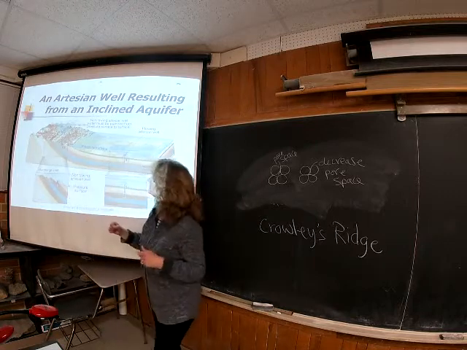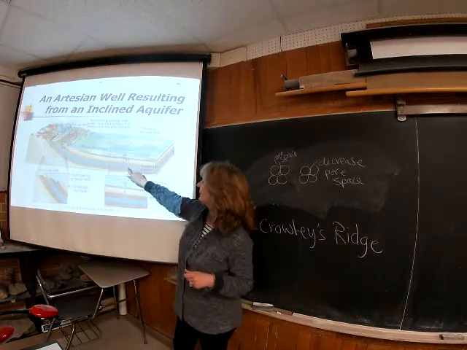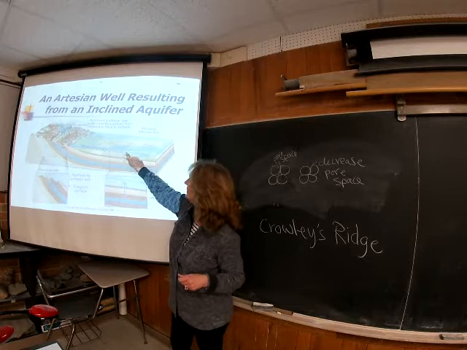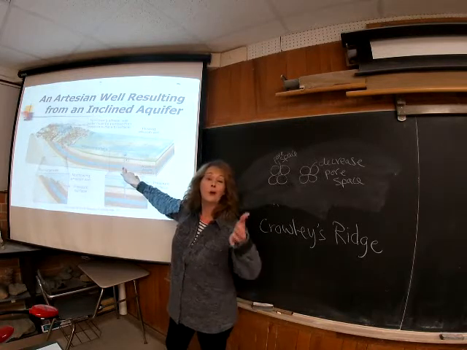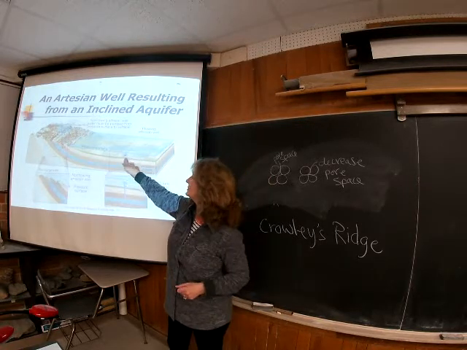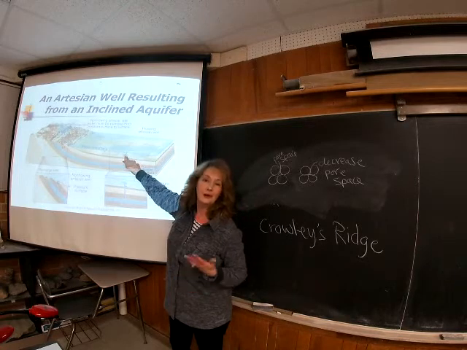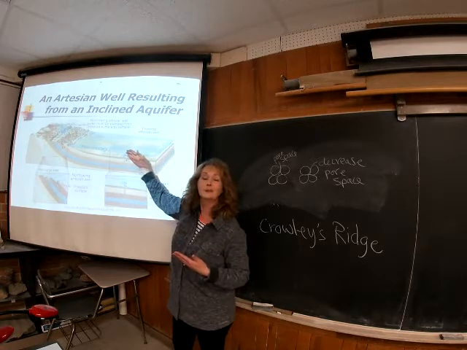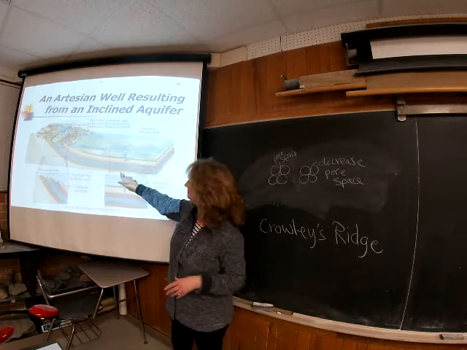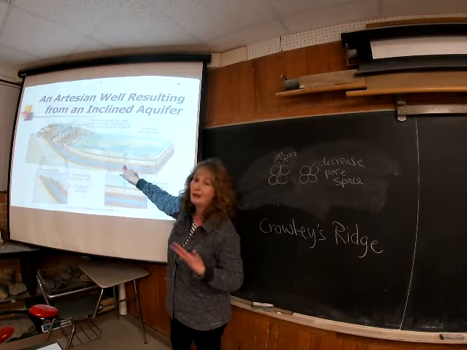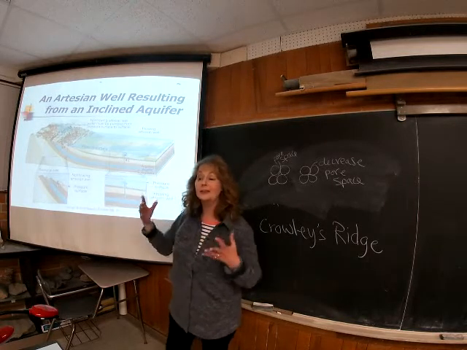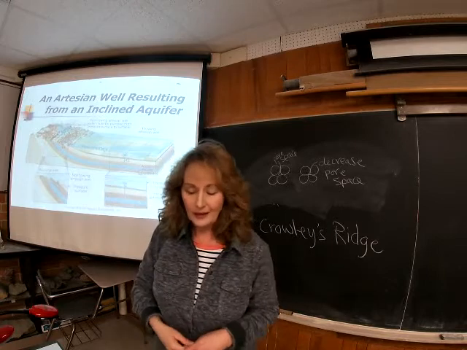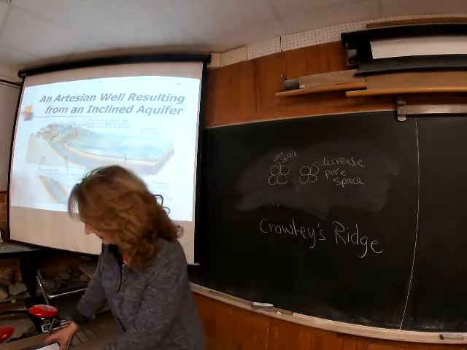Not too big a deal, it doesn't look like that's too far. This one, because your pressure surface is up here, that well will flow all the way up to the top because it's beneath the pressure surface. So it's going to want to rise automatically. That's what we call a free-flowing artesian well, they say.